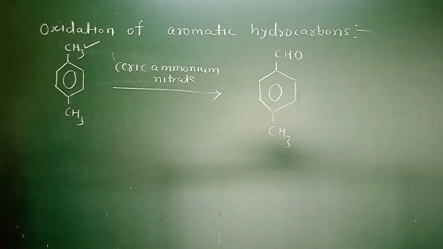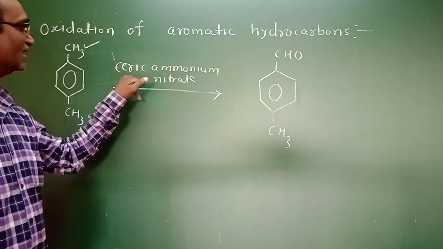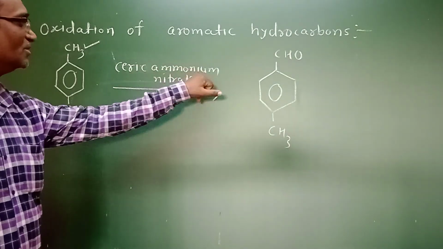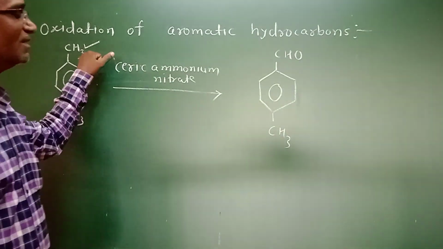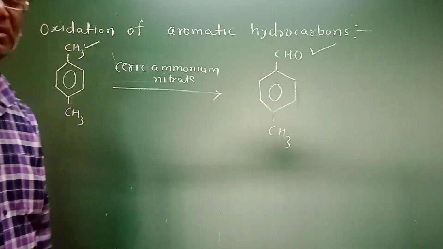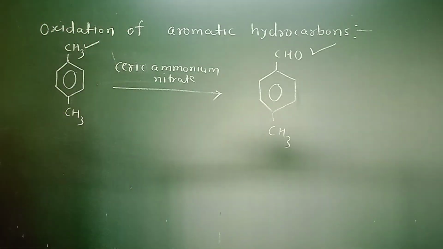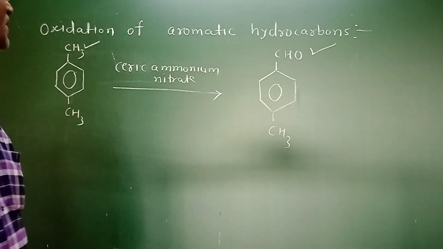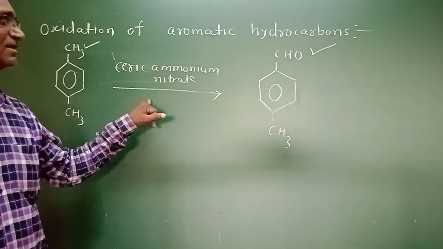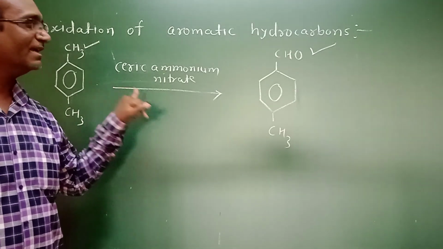This is the difference between the catalysts. Here we use ferric ammonium nitrate. When we use ferric ammonium nitrate, only one methyl group will get oxidized and will get converted into CHO. Students, this is the oxidation of aromatic hydrocarbons by using different oxidizing agents.